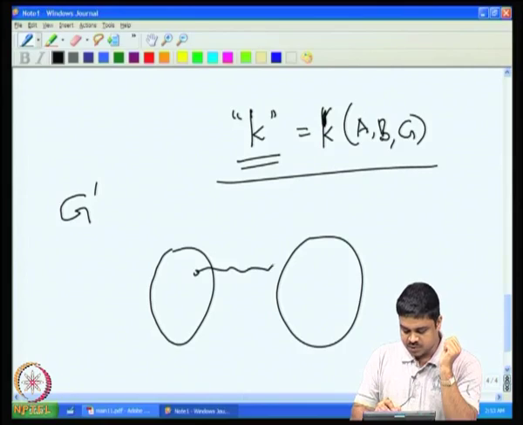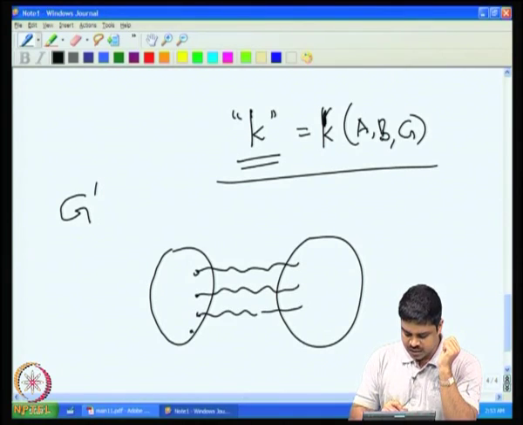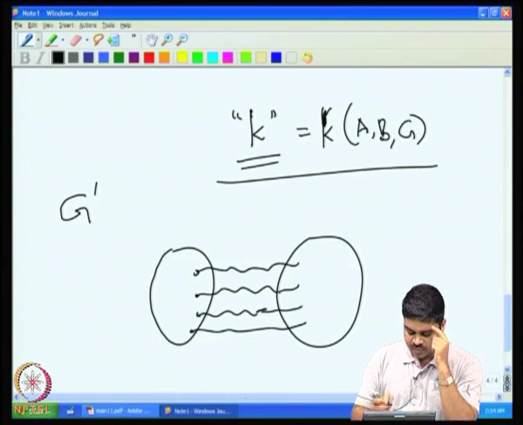So, if these AB paths were without that new contracted vertex Vxy, definitely those paths will be available in G also.